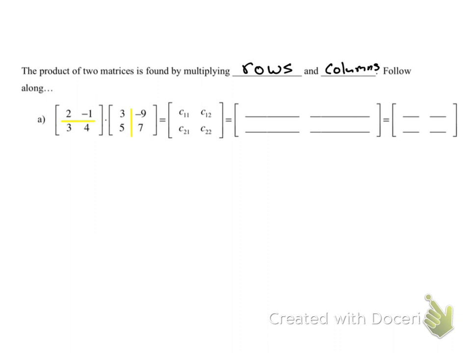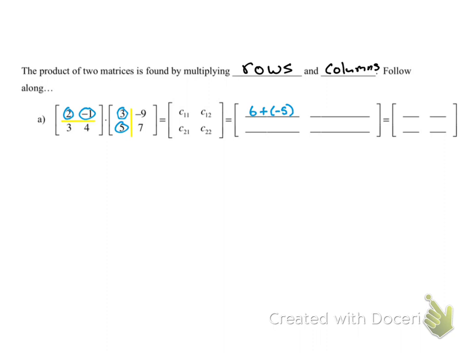So we will multiply based on the order, okay? So first I'm going to do the first row by the first column. So I'll have 2 times 3, which gives me 6, plus -1 times 5, which gives me -5, okay?